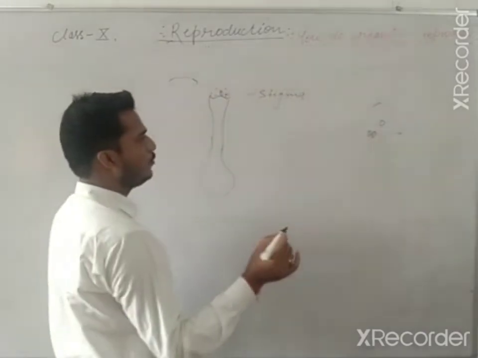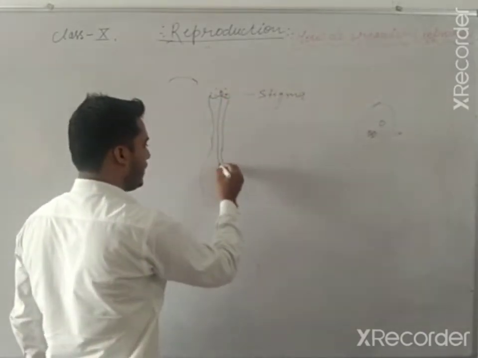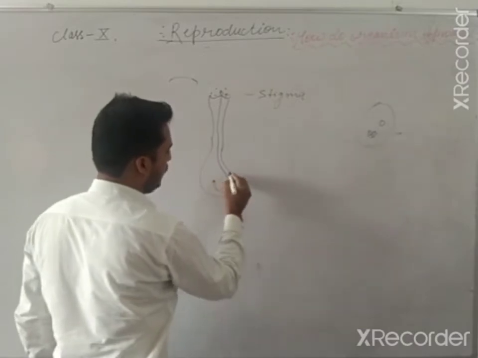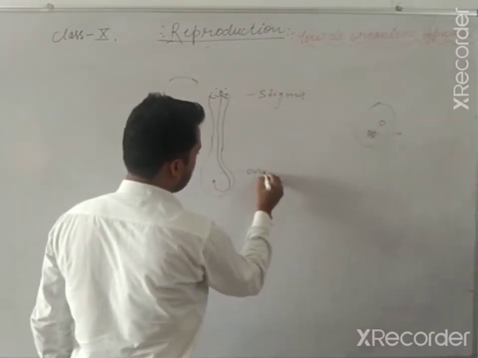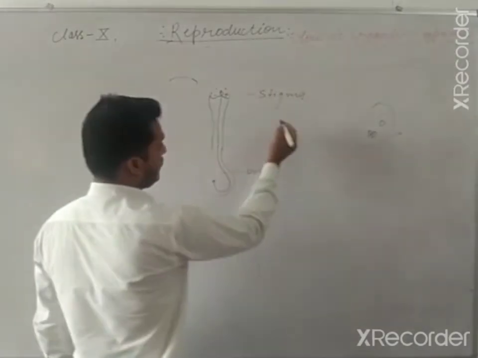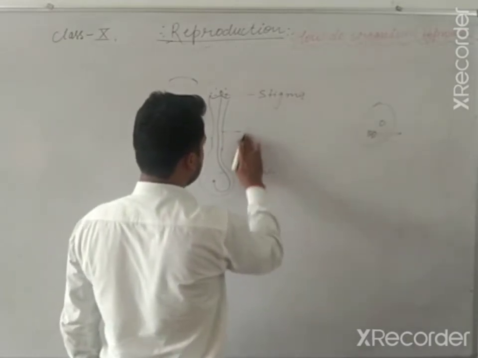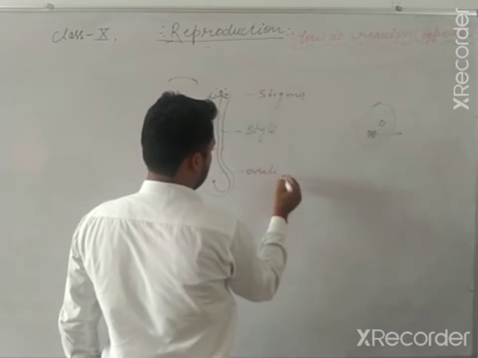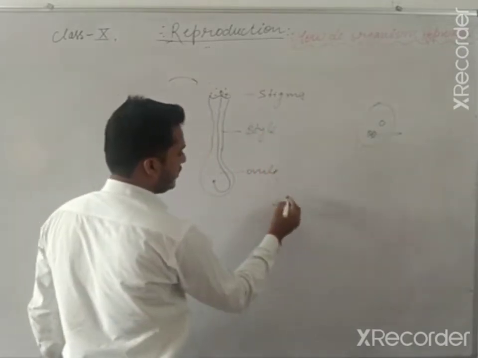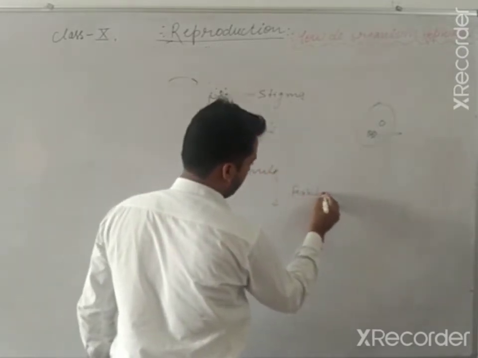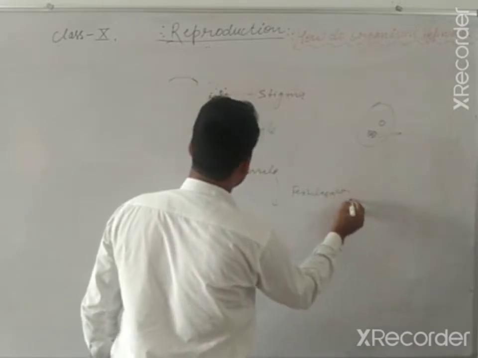So this pollen tube enters here and reaches the ovule. This is your style. This process is called fertilization.